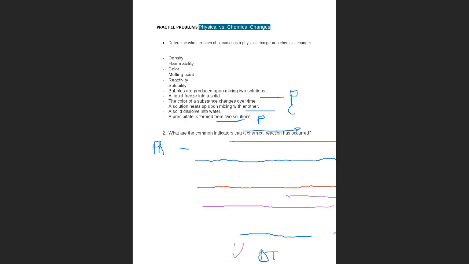When you see that, you don't have to think much. Oh, I created something from two liquids. Okay, I have a chemical reaction. Or if a color changes. Those are signs that if you see that, you know you are having a chemical reaction.